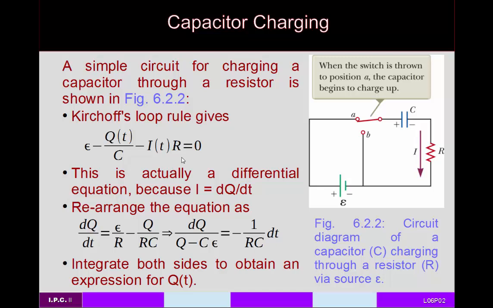And in fact, this is actually a differential equation, because the current is in fact dq/dt. We've seen that before in the previous set of lectures. Current is defined as change in charge per unit time, or charge flowing through a cross-section per unit time.